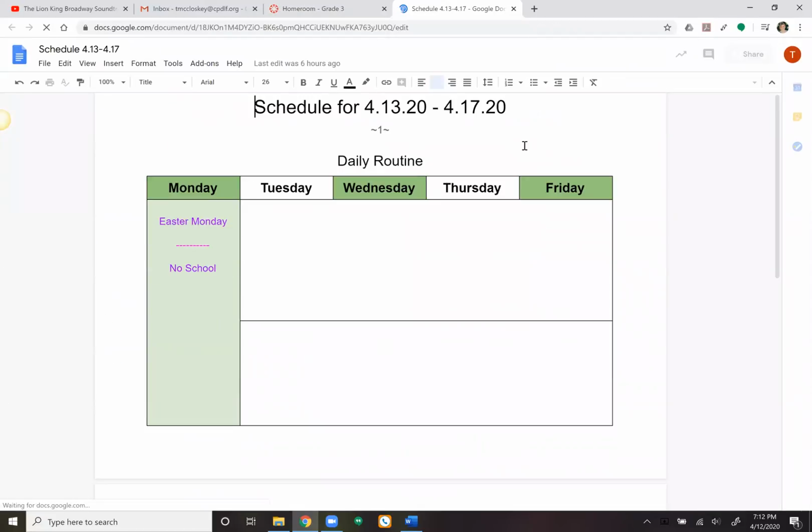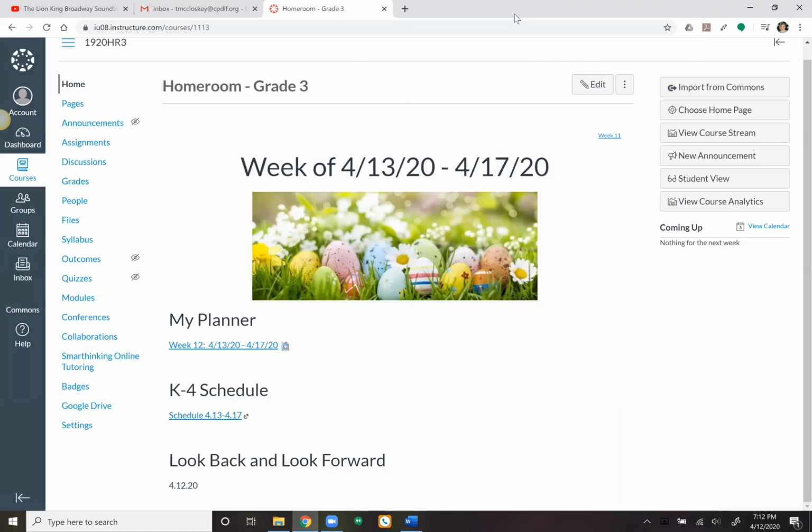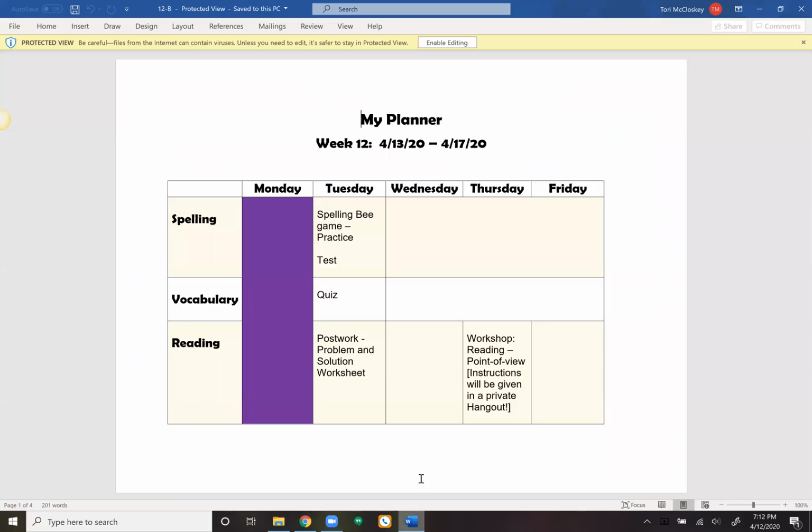This is where you have your daily routine, your morning message and bell ringer, and so on. And your look back and look forward is also here. So our planner for this week. My A friends, please check out your agenda because yours is a little different.